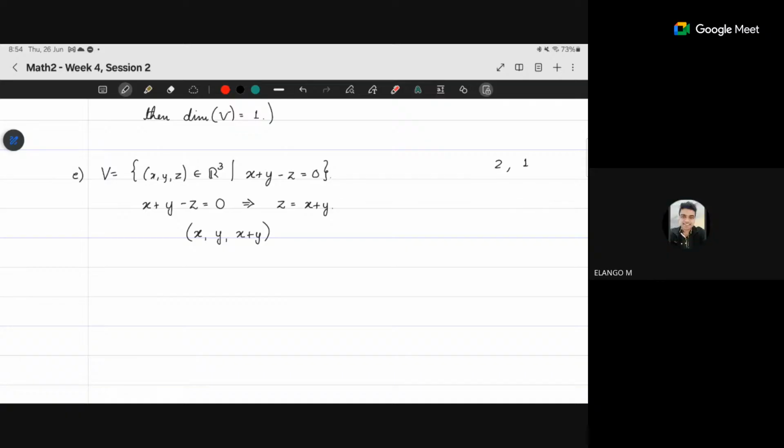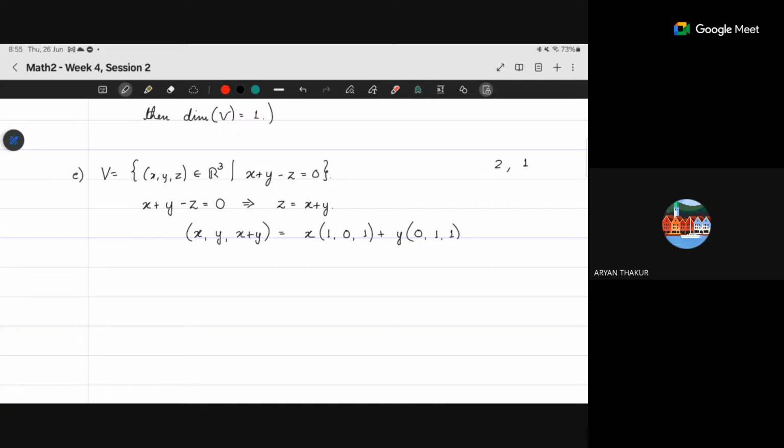Yes. Now can I write this as some linear combination? Taking out x and y, the first vector can be 1, 0, 1, and the second vector can be 0, 1, 1. So I can do this.